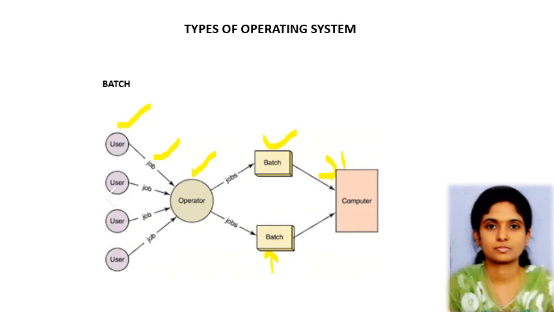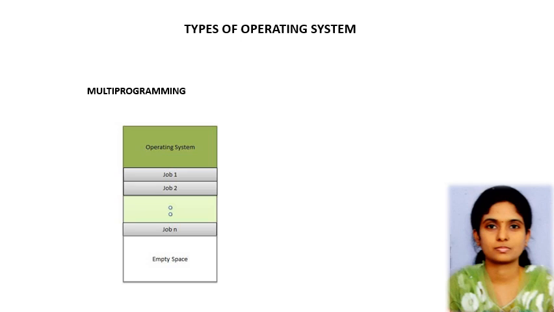Next we are going to discuss one more type of operating system in this video, that is the multi-programming operating system. Multi-programming is the ability of an operating system to execute more than one program on a single machine. More than one program can reside in the main memory at one point of time.